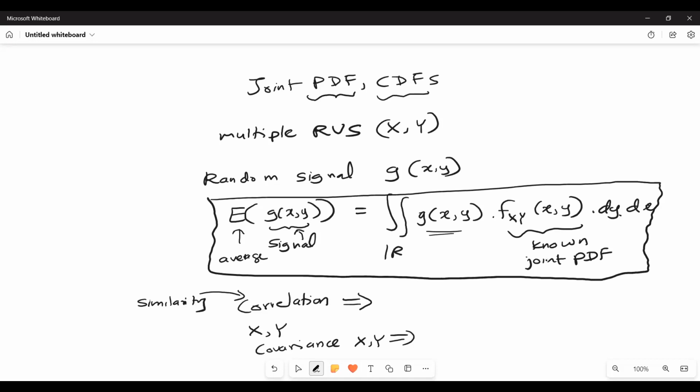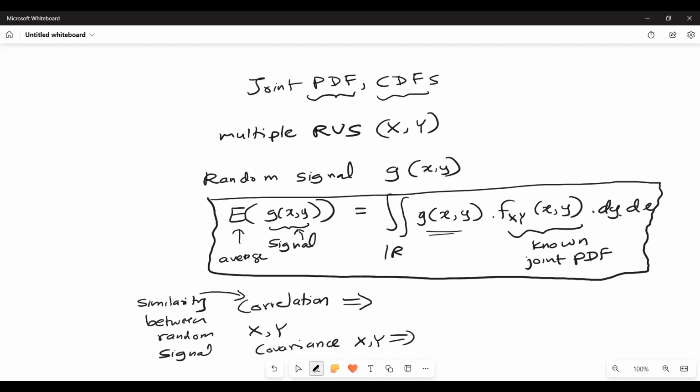The similarity between the signals of X and Y random variables. So the correlation function is used to find the similarity between two signals, basically. So similarity between two random signals we can find using the correlation parameter.